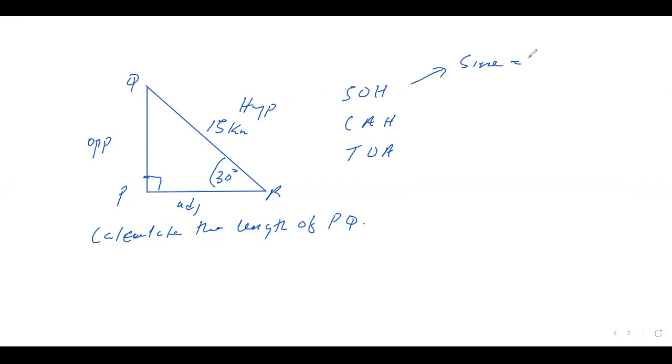Sine is equal to opposite over hypotenuse, right? This one here is what? Cosine, adjacent over hypotenuse. Am I right?